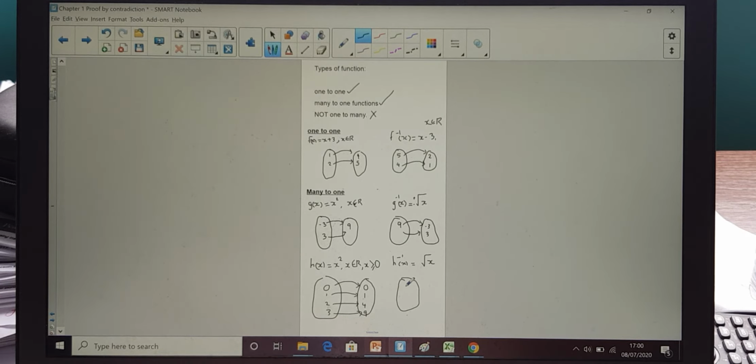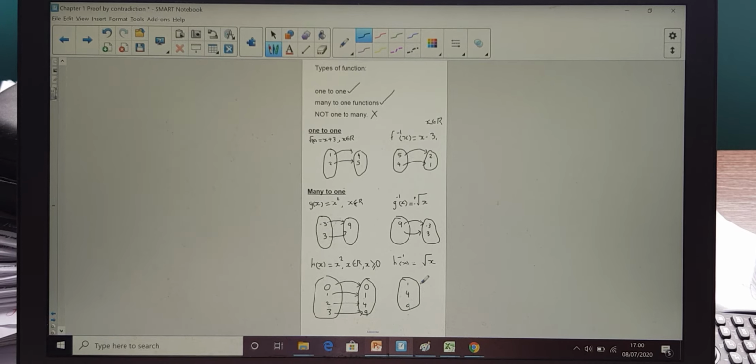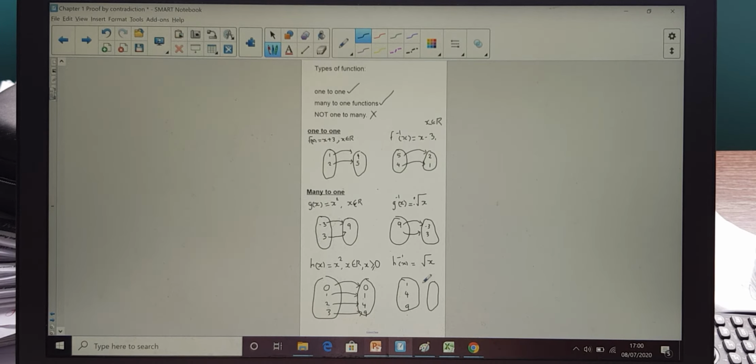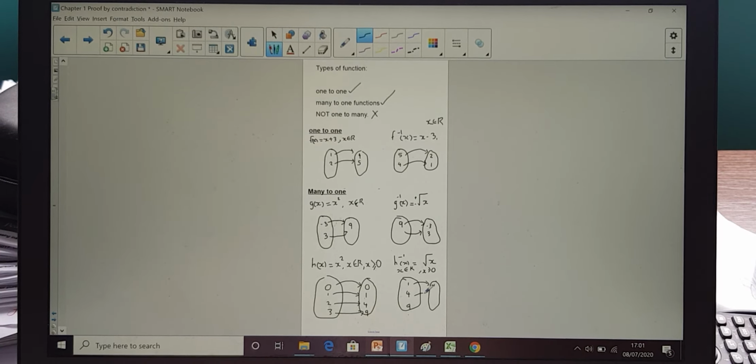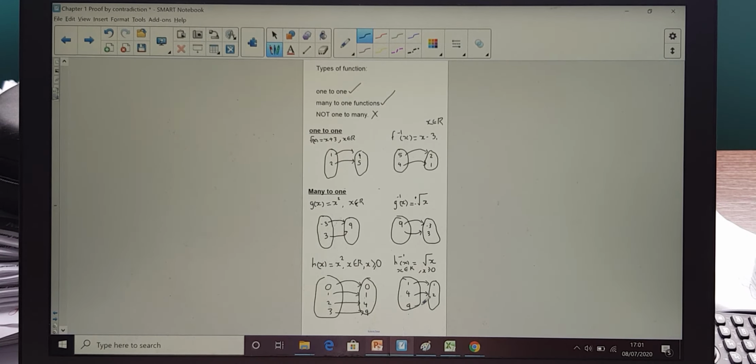Therefore, if my inputs were 1, 4, 9, etc., then if I said to you that x can be any real number and x is greater than or equal to 0, and that has to be the case anyway, because this is what the inverse function of this thing would be here, then that's just going to mean that the square root of 1 is positive 1, square root of 4 is 2, square root of 9 is 3, yeah?